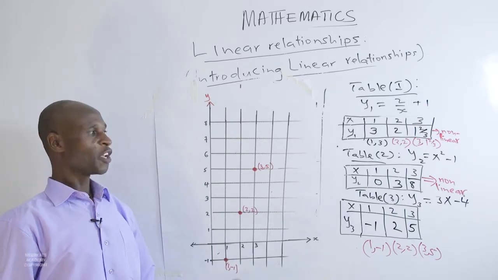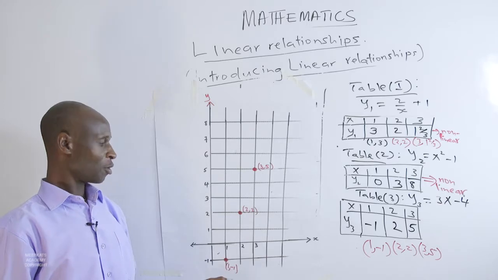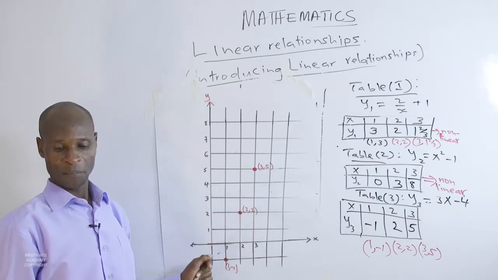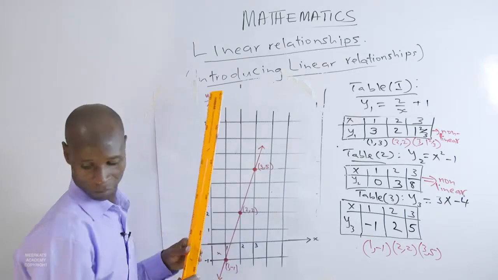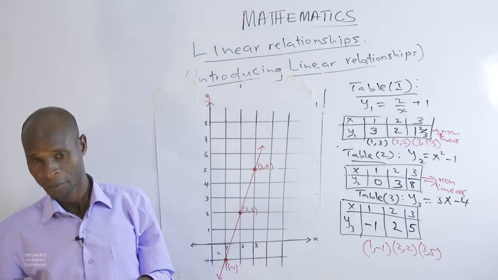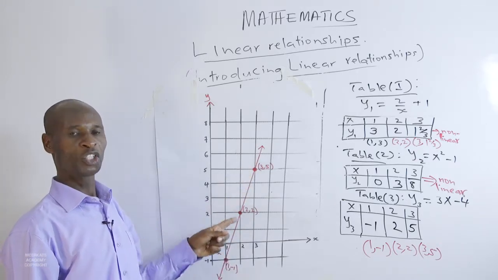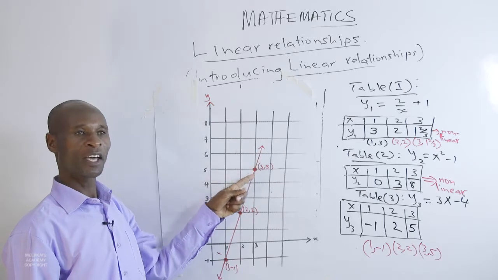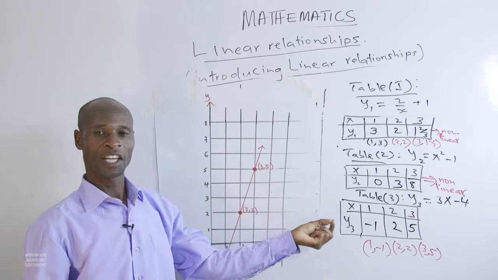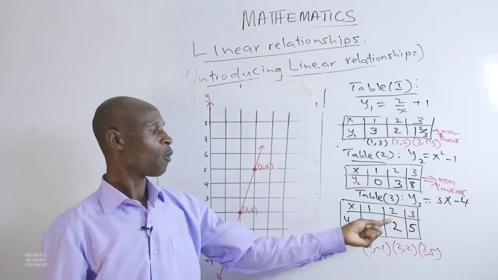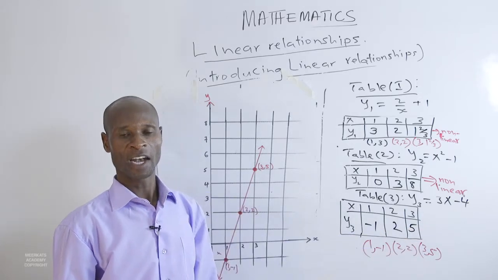Having plotted all the 3 points as per the table values, you now take out a ruler and join the 3 points. You will notice that once the points have been joined, all the 3 points lie on a straight line. And that means the last relation, which is our rule, y3 is equal to 3x minus 4, is a linear relation.